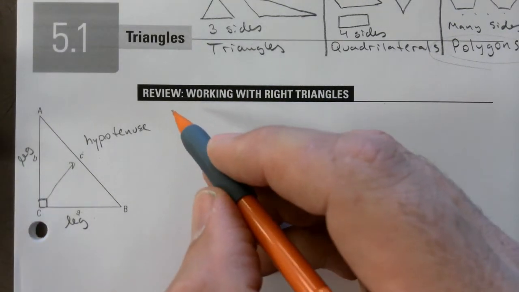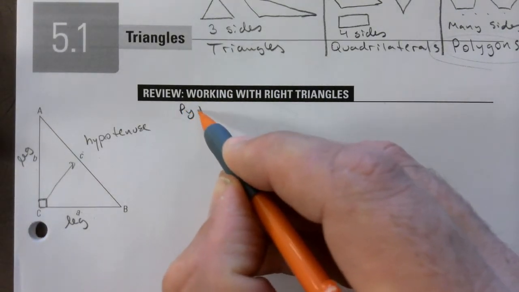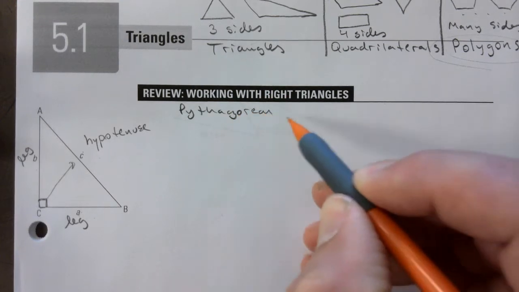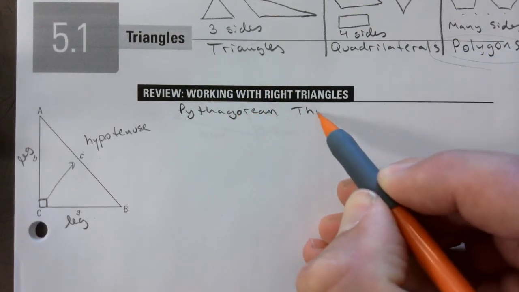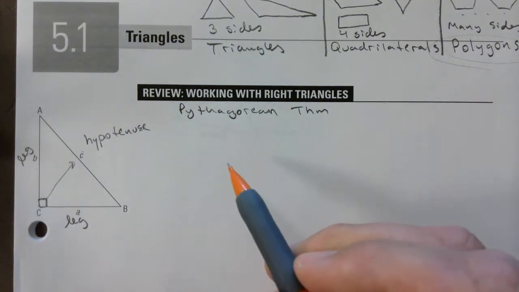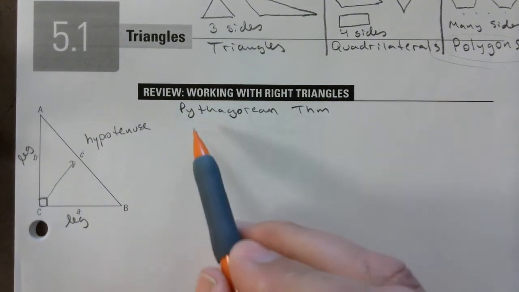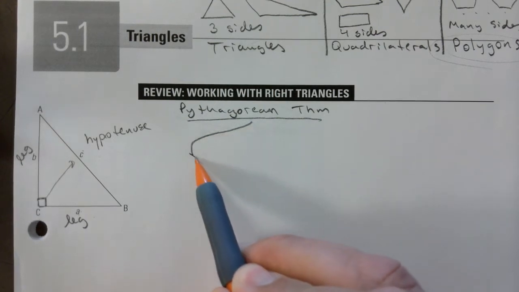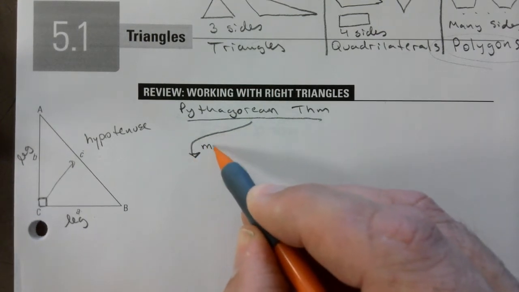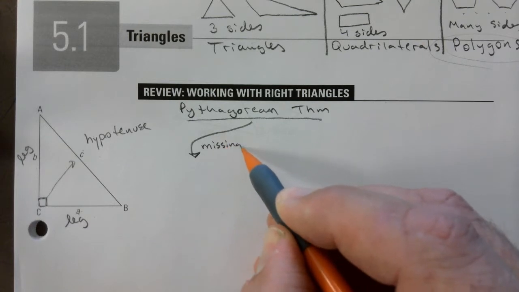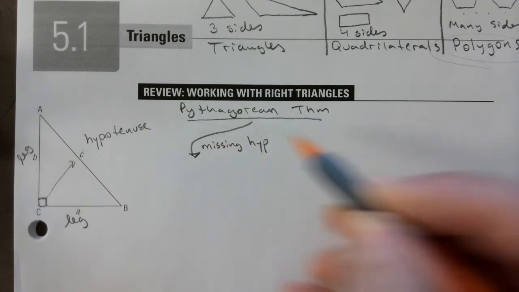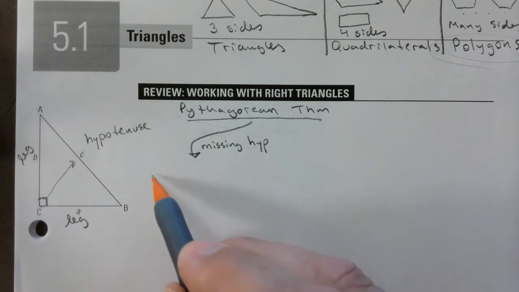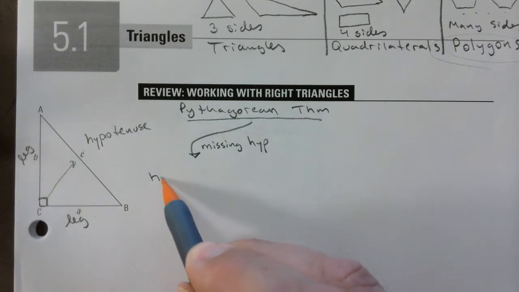So when we review the Pythagorean theorem, we have 2 scenarios, 2 cases. Okay? The first case is you have a missing hypotenuse. If the hypotenuse is unknown, you use this formula.